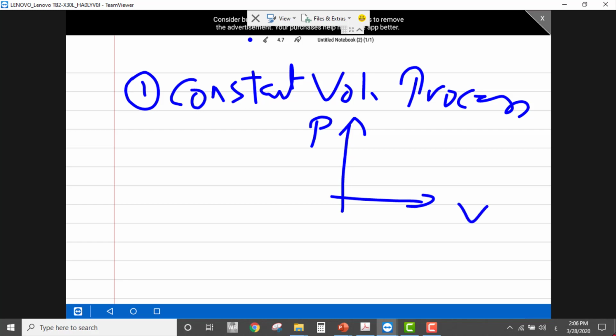So here's the PV diagram. If we are talking about state 1 to state 2, and both of them V1 equals V2, constant volume, so here on the V axis we can say that V1 equals V2. So if we start from V1 and end up at V2, we are going vertically.